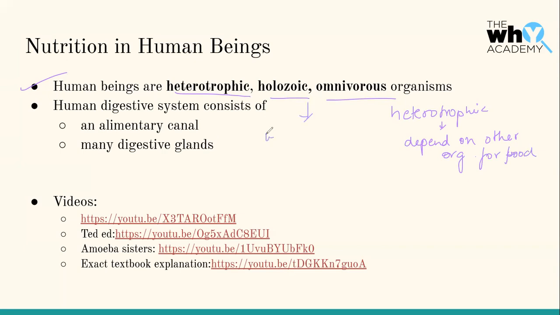Holozoic basically means they take in the whole food and then break it down. And omnivorous, of course, you know, they eat both plants and animals. That's what omnivores are. So human beings are heterotrophic, holozoic, omnivorous organisms. Again, this first point is important. This you can skip. This is just for your information. This is important. You can take this point down.